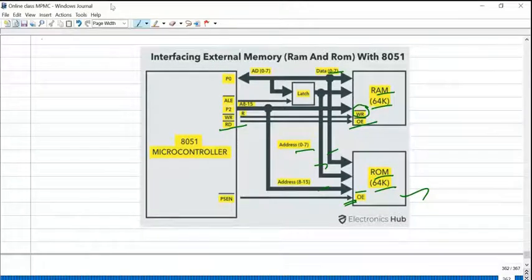Okay, so this is the interface diagram of RAM and ROM at a time with the microcontroller. If you consider maximum capacity 64 kilobyte, 64 kilobyte means we need 2 to the power of 16, 65536, 64K.